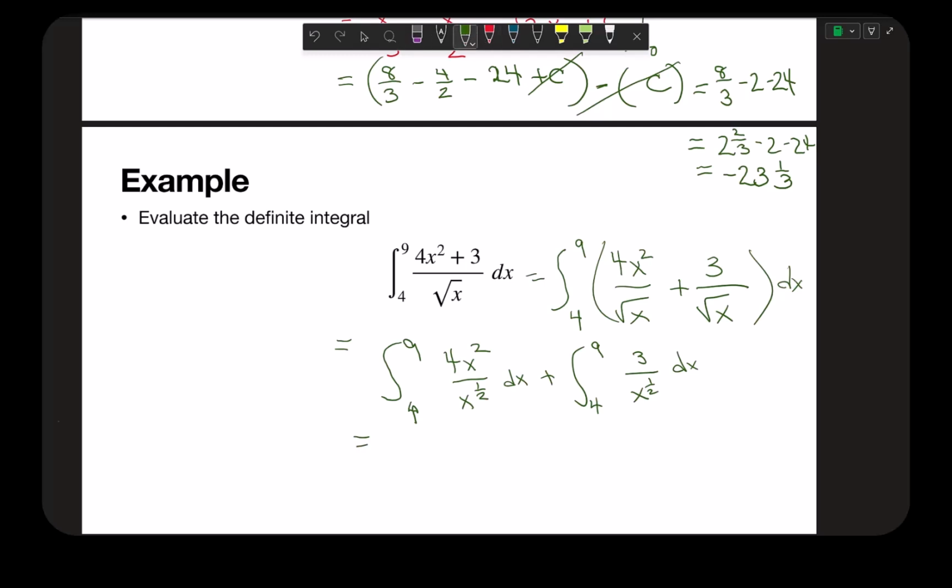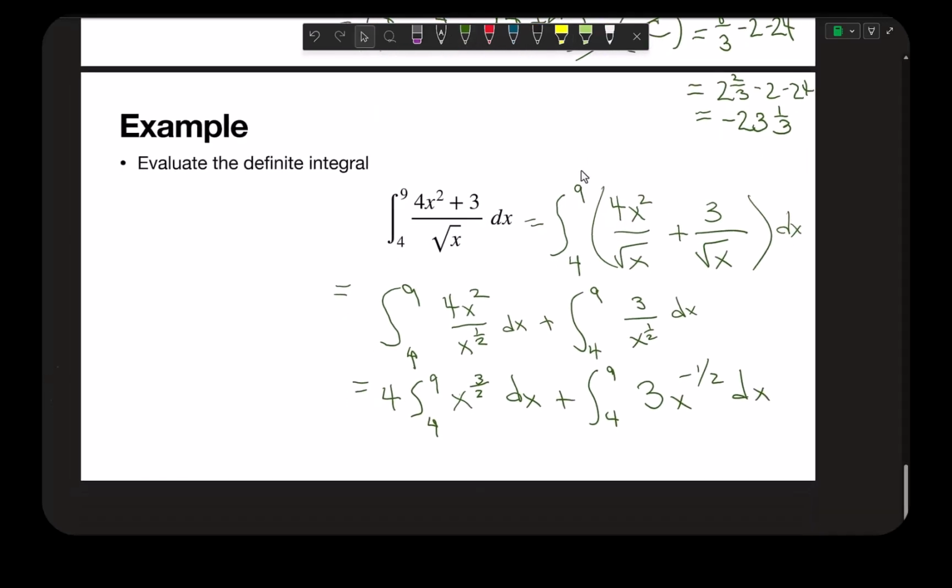I'm going to use my constant rule to take the 4 outside the integral, which means I have x squared divided by x to the 1/2, and that gives me x to the 2 minus 1/2. 4 halves minus 1/2 is 3/2 power dx, plus the integral from 4 to 9 of 3x to the minus 1/2 dx. And from here, I just use my power rule.